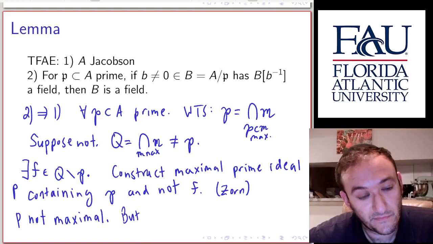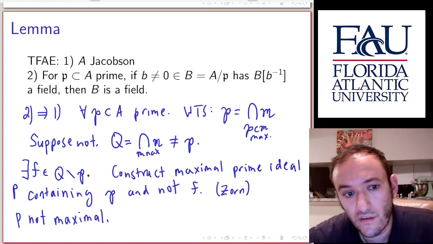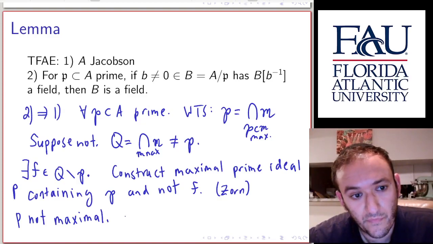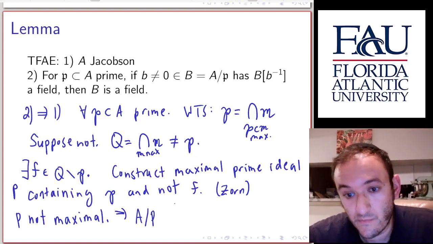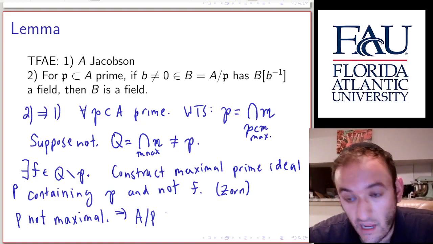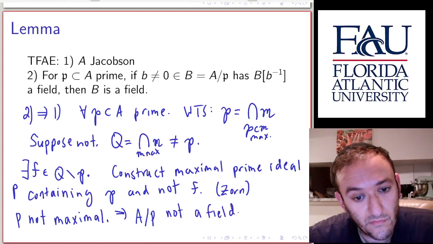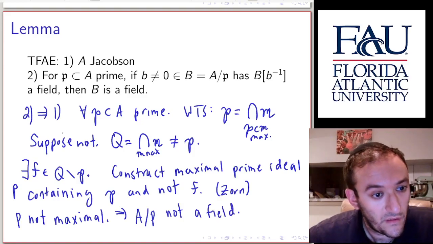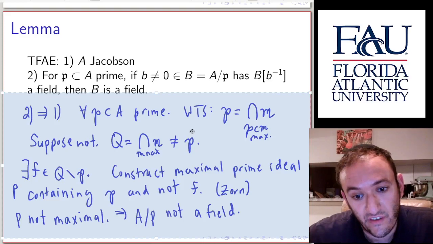But what does that mean in terms of A mod P'? Well, A mod P', if P' is not maximal, must be not a field. On the other hand, what happens when we adjoin f inverse?